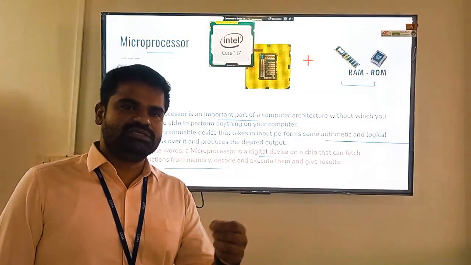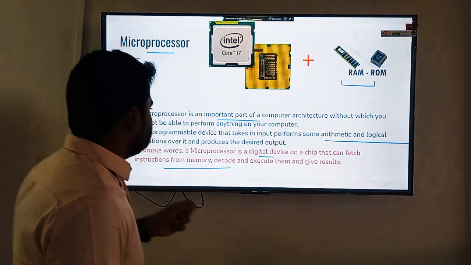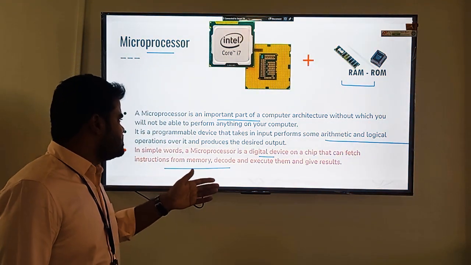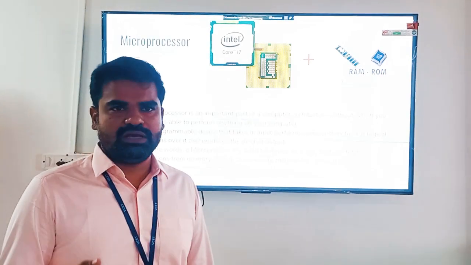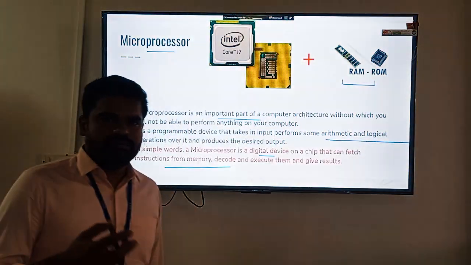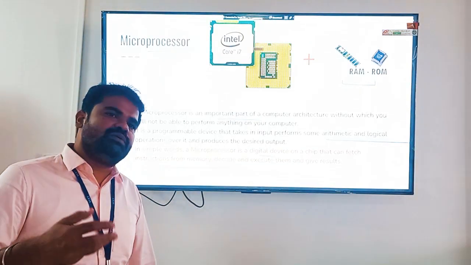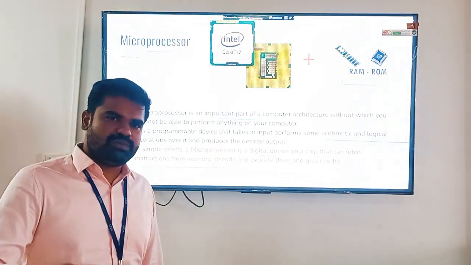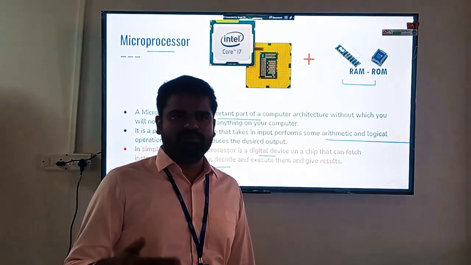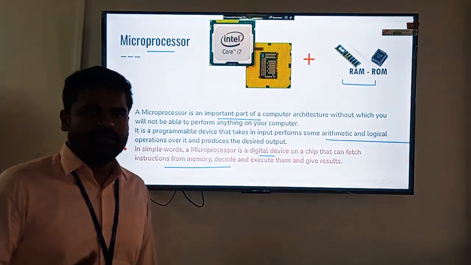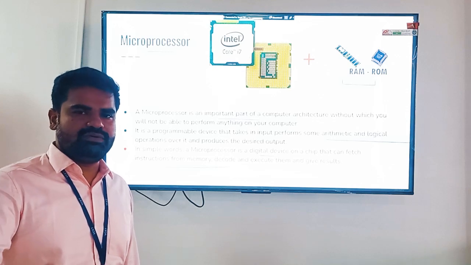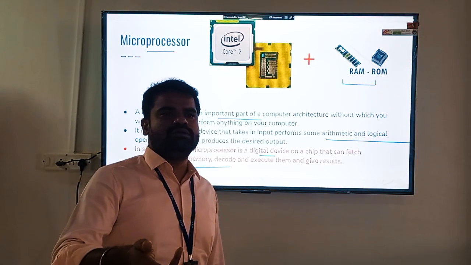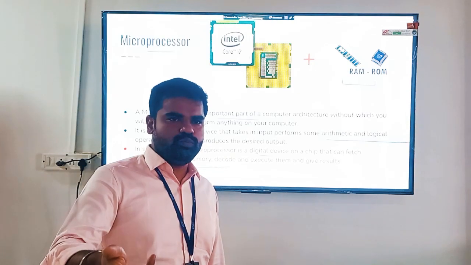The next point is that it is a digital device which fetches the input you give in a high level language and processes it in the processing unit. Your input will be processed and decoded, converted into machine level language, and again converted into high level language in your output device.